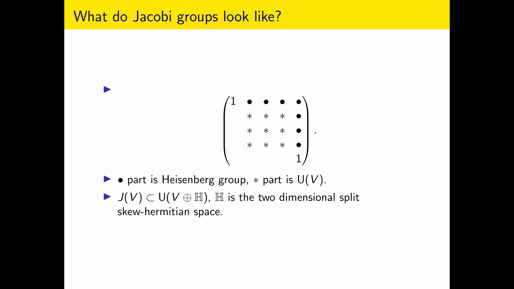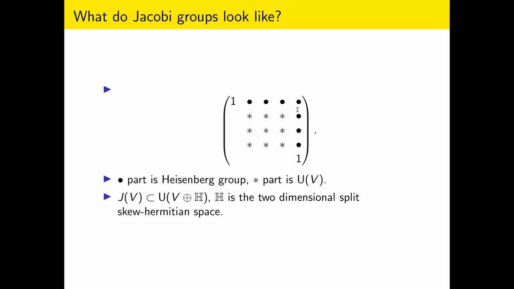Previously we had U_n, and now the Jacobi group is a subgroup of U_{n+2}. And it looks like a parabolic subgroup of U_{n+2}, except that here we don't have those products of GLs on the diagonals, but instead this is 1 at the two ends, and here in the middle, these stars stand for the unitary group U_n, which sits in the middle.